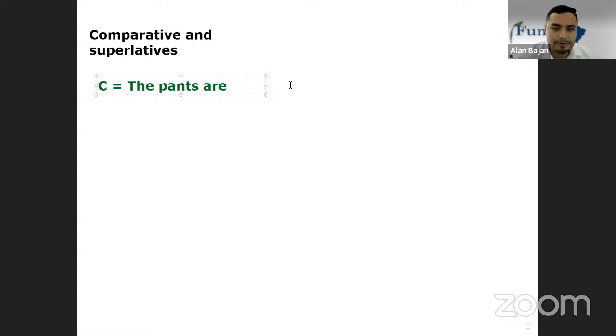Don't forget the verb to be with plural. The pants are shorter. And my connector or article is than. The pants are shorter than my legs.